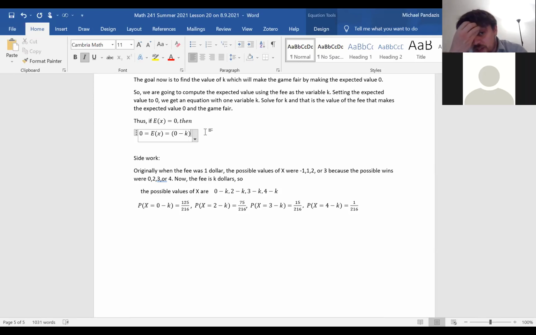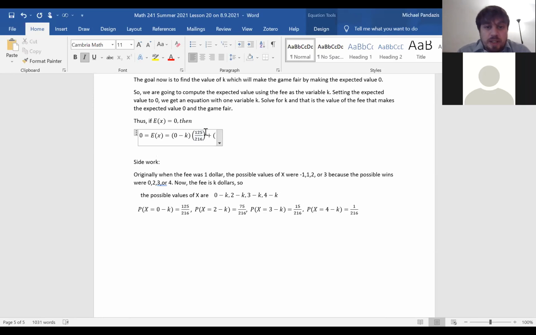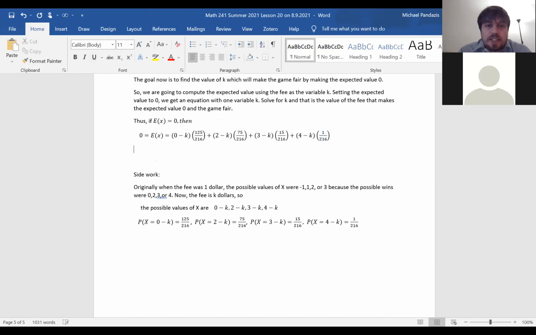So one possible net gain is 0 minus k, and the probability of that is 125 over 216, plus the next possible value of x, which is 2 minus k, times the probability that x is equal to 2 minus k, which is 75 divided by 216, plus another possible value of x, which is 3 minus k, times its probability, which is 15 divided by 216, plus the last possible value of capital X, which is 4 minus k, times its corresponding probability, which is 1 over 216. That's how you get that sum.